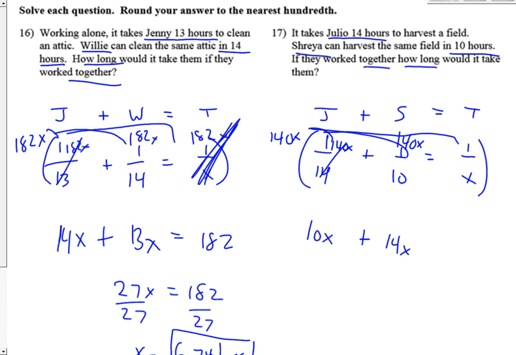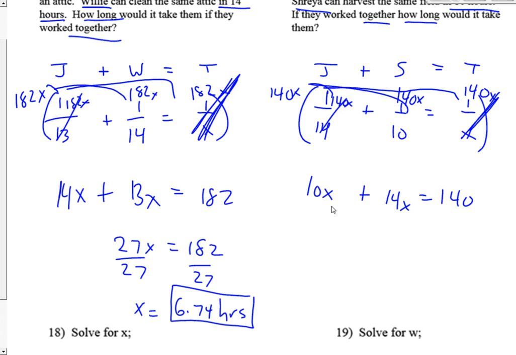Then over to the last fraction, I have 140x divided by x. The x's will cancel, and I'm going to be left with 140. Now I add 10 and 14 together to get 24x equals 140. When I divide by 24, I will get x equals 5.83 hours.